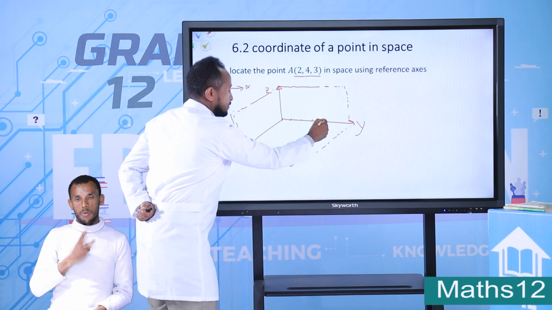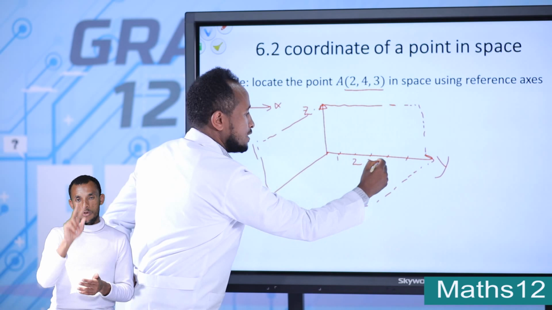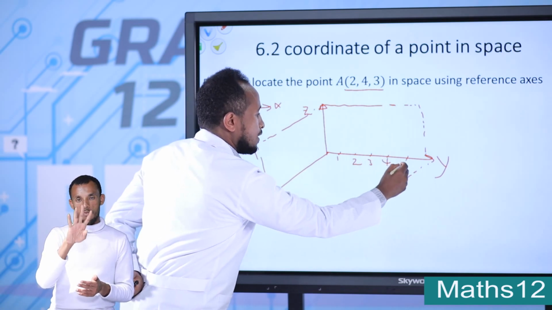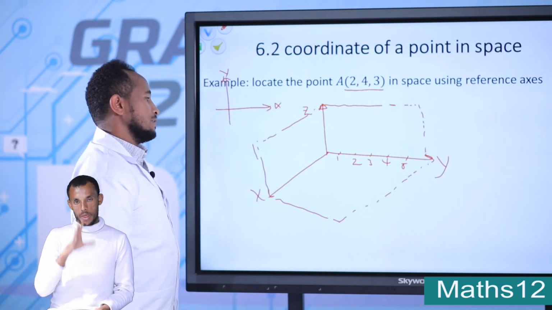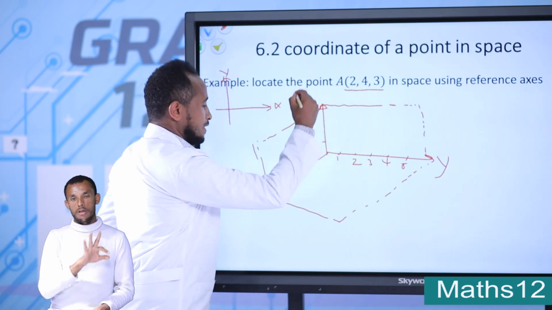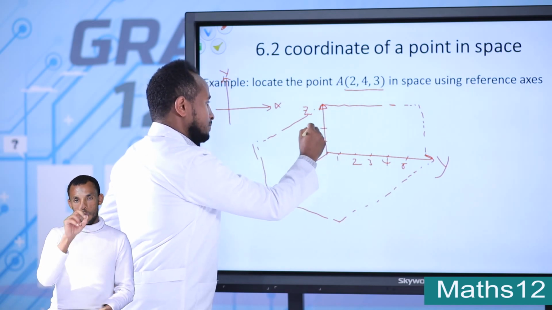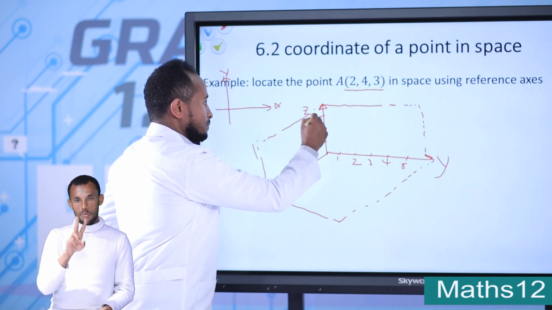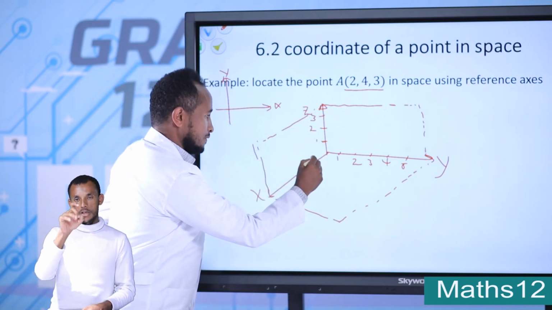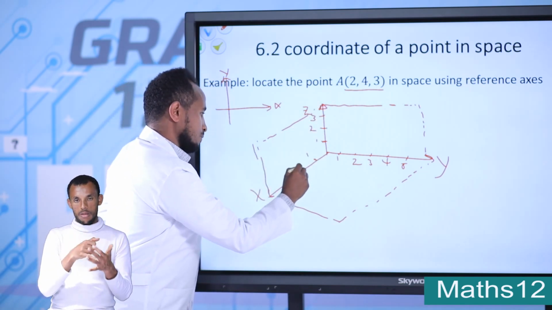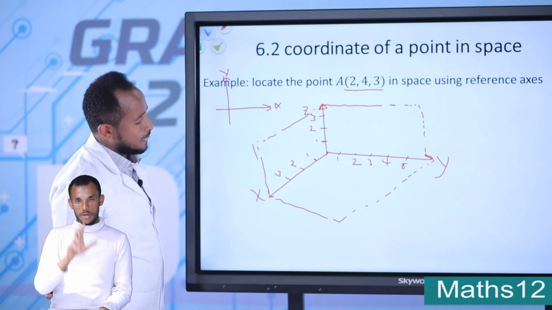We need 4, so 1, 2, 3, 4, 5. And the z axis, let's divide this one: 1, 2, 3. On the x-axis, let's divide it: 1, 2, 3, and so on.